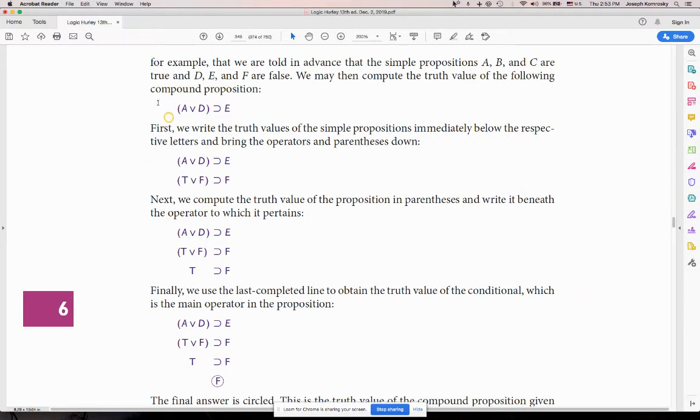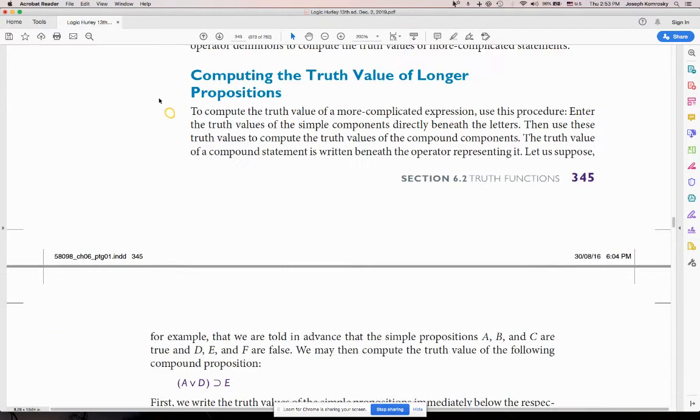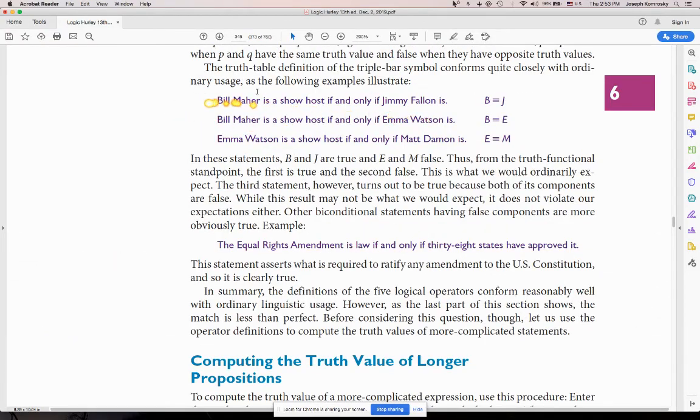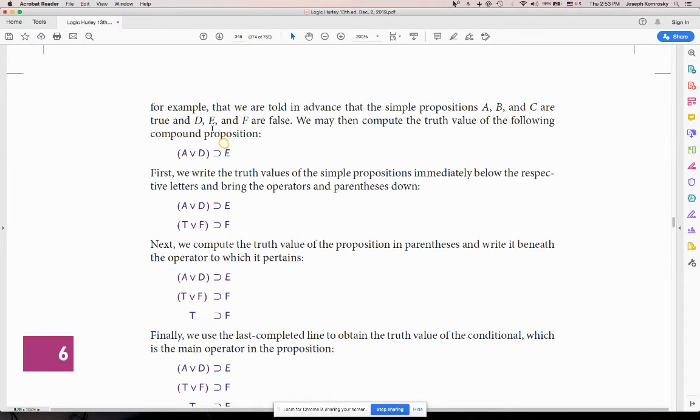Okay, so A or D, it turns out you don't actually have to know anything about the linguistics of these. It turns out that he could just say, look, take this example, your A, D, and E, and he's going to give you the rules. A, B, and C are true.